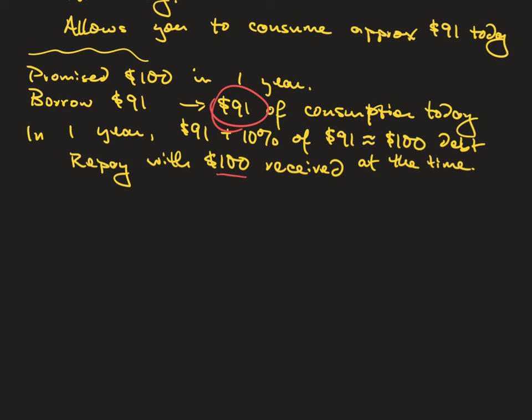And so that value is $100 divided by 1 plus R over 100. In this case, 100 over 1.1, which was approximately equal to $91.